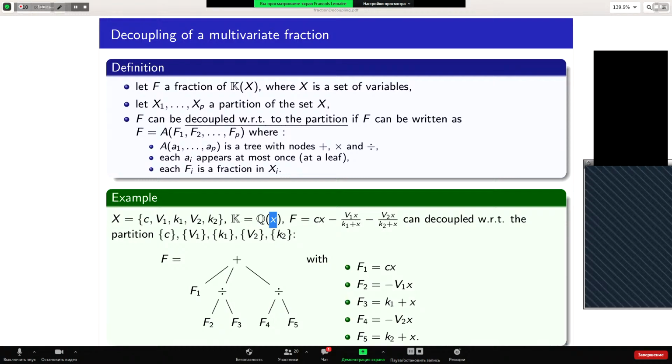So we see the fraction f as a fraction with indeterminates c, v1, k1, v2, k2. And if you do this, you are able to decouple the fraction f with that form, where the different fi have different sets of variables. So in that case, the fraction is completely decoupled. You cannot refine the partition further because the partition here is composed of singletons.